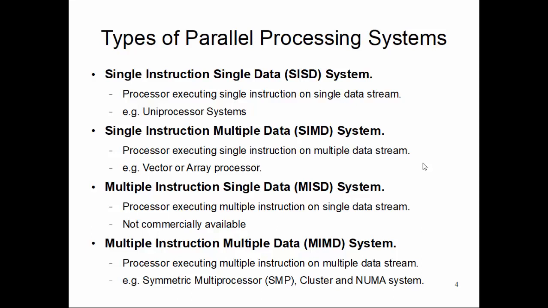You can imagine that system can run like 20 programs in parallel, and each program can operate on multiple data streams at the same time. So one processor, one data stream, second processor, second data stream, third processor, third data stream. In that sense, this whole system is running multiple instructions on multiple data streams at the same time. So that's your MIMD system.